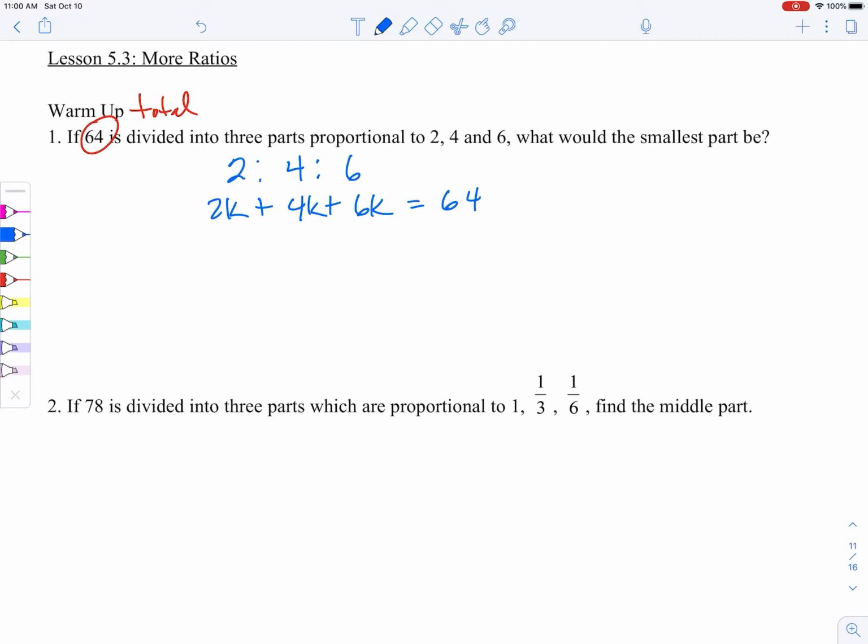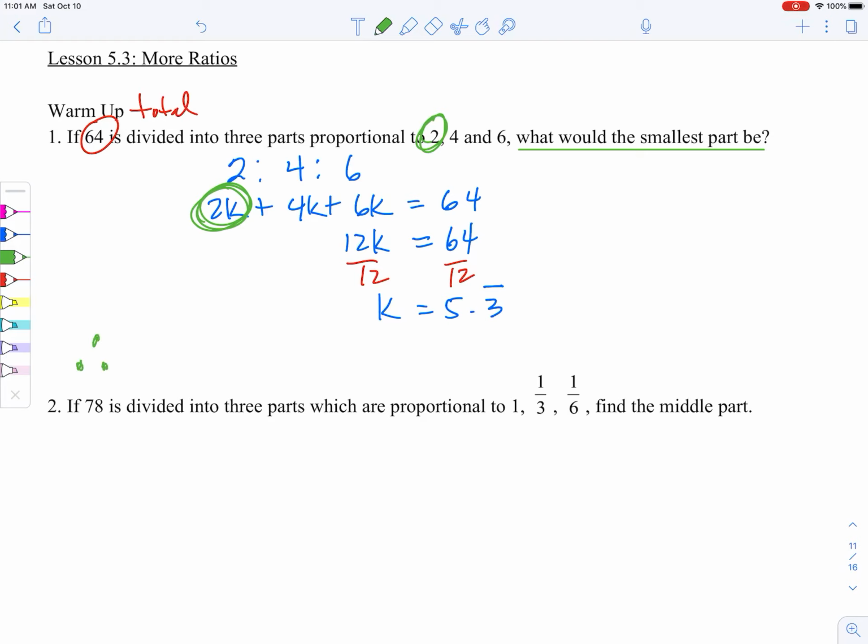So collect like terms, and I get 12k equals 64. Divide both sides by 12, and that gives me 5.333333 repeating. When we check what they were asking us, what would the smallest part be? That would be the one that we used with 2k.